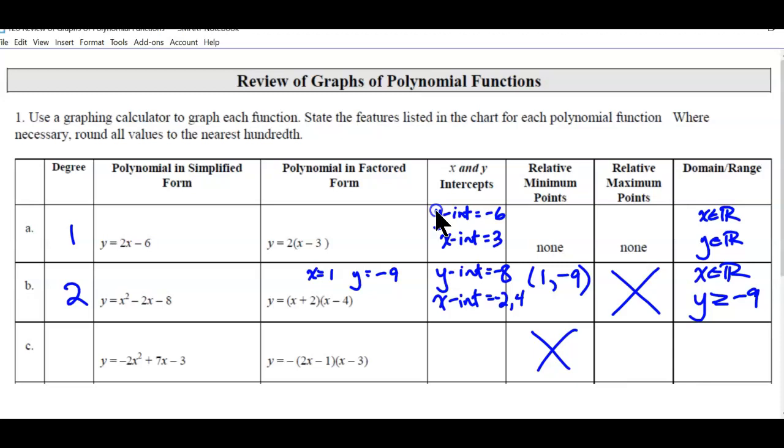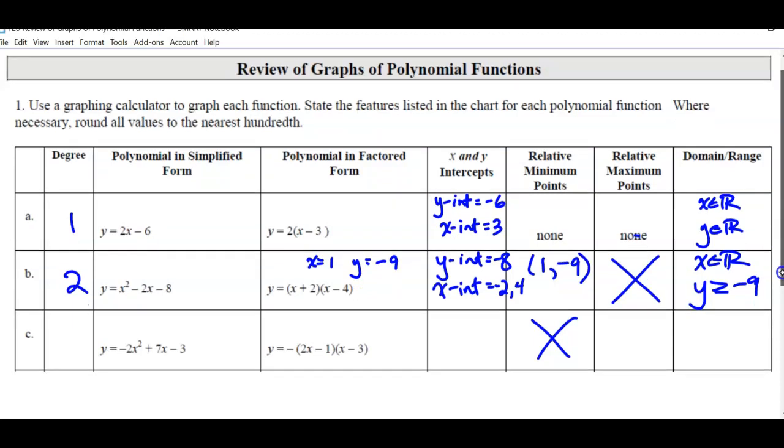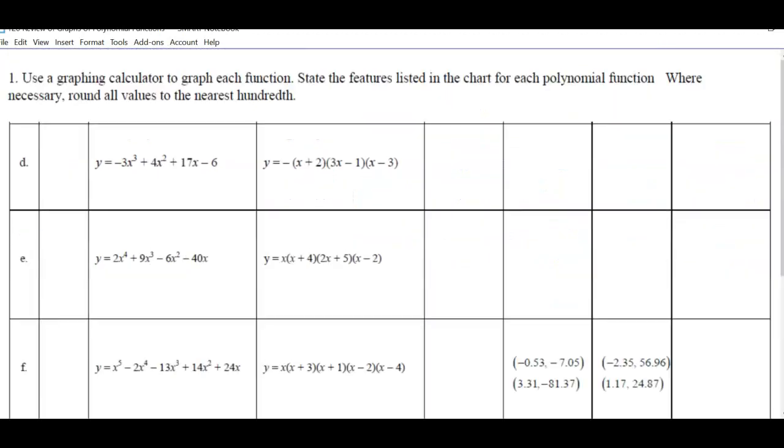So degree 2 means the maximum number of turning points is 1. Okay, so that means it's not going to turn and zigzag twice, right? That would be a higher degree. So in this case, it's a parabola, it's going to have 1. Okay, degree 1 will have 0 turning points. Makes sense. None here, right? Okay, so that's a little review of that.